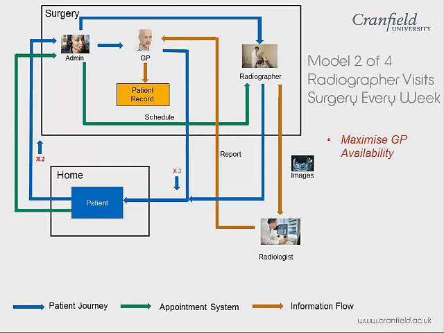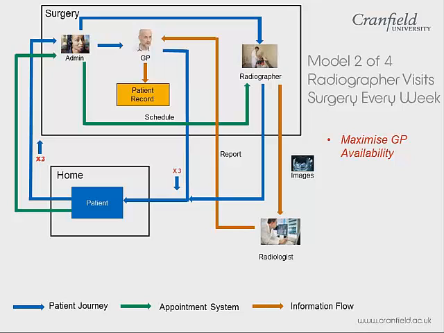The second business model looks at the radiographer visiting the surgery, and this is typically 1 day a week. So here you can see the patient travels to the surgery 3 times, where firstly they come to get an appointment, then they meet the GP, then they potentially meet the radiographer who is in charge of scanning.